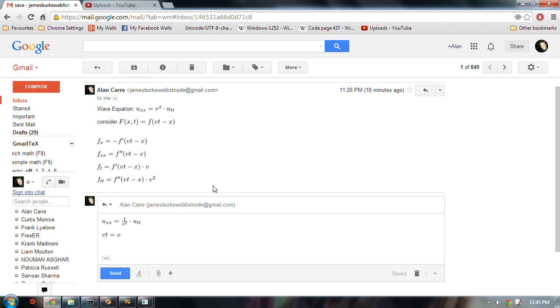Now that's the same as saying that v is the velocity with which this function moves in space. We can say that v here is x divided by t, which is the standard definition of velocity, distance per unit time, right?